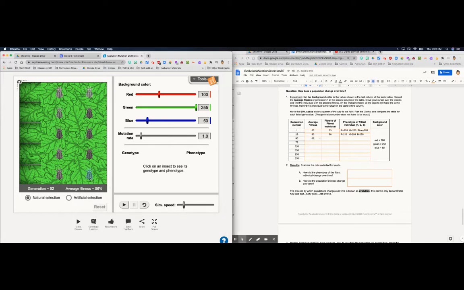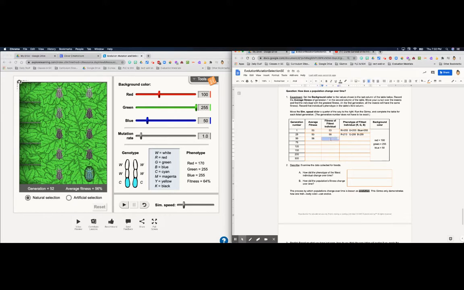And then we need to go over the bugs and find the one that has the highest fitness. So far it's 64. Okay, so this guy is the highest one. You write down his phenotype, which tells us what its color is going to be, and you put that here.